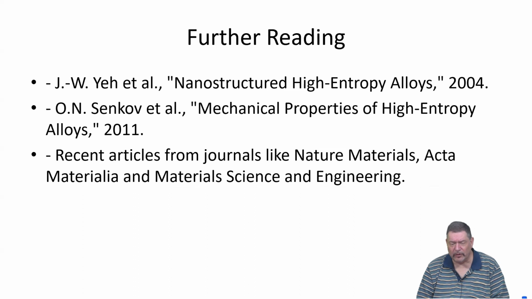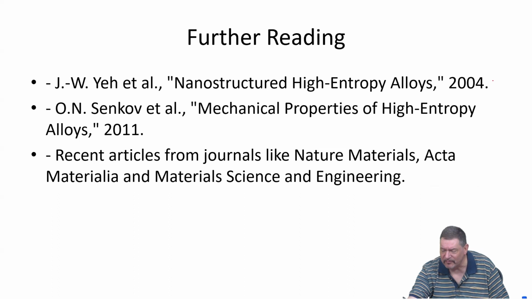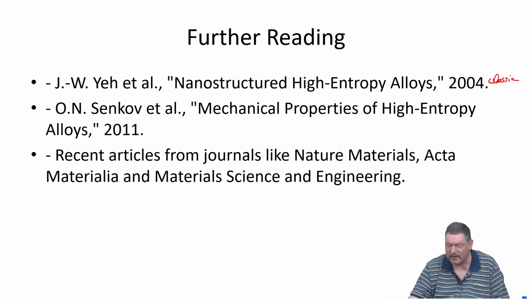If you want to do further reading, I would recommend this classical book by Ye on structured high entropy alloys. Also Zhang's work on mechanical properties of high entropy alloys. You know, this one is like the classic. And then the other one is a little bit more recent.